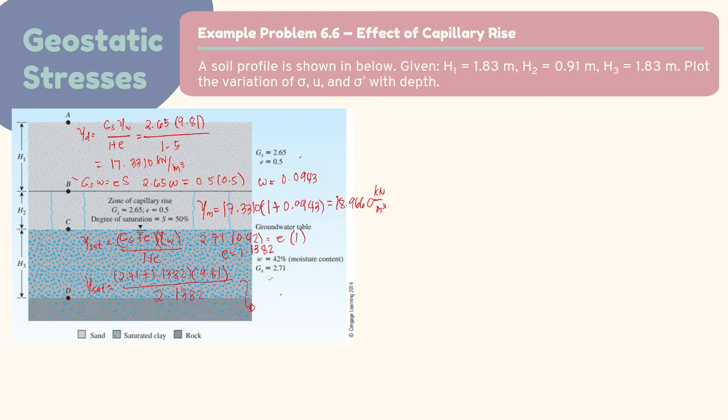And this is equal to 17.6554 kilonewton per cubic meter.